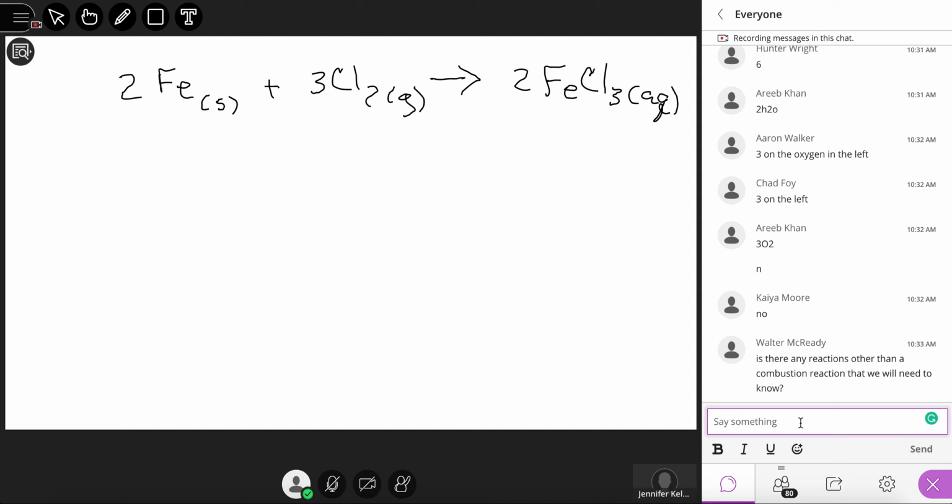Well, I don't know if that would be aqueous. It's probably a solid. So there's no water involved. Are there any reactions other than combustion that we need to know? No, not really. Not for this exam. I mean, if you had a reaction for the final exam where you had X plus YZ, there's pretty much only one thing that's going to happen. Now, it could be that you get XYZ, or everything could fall apart.